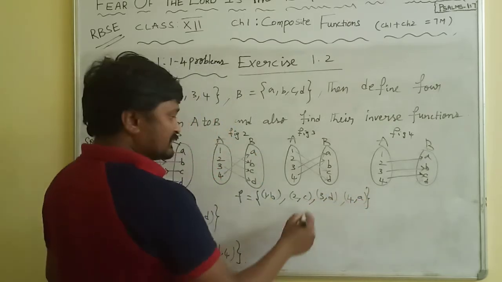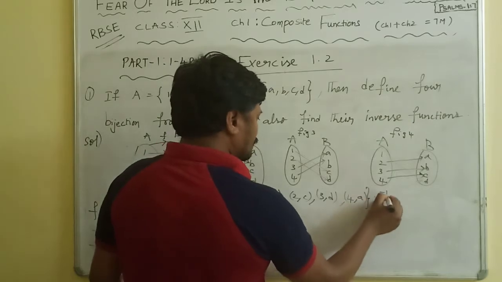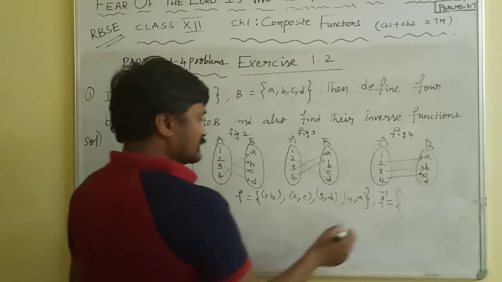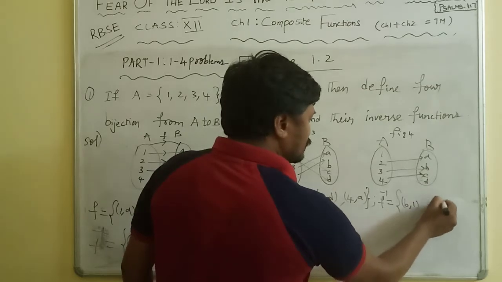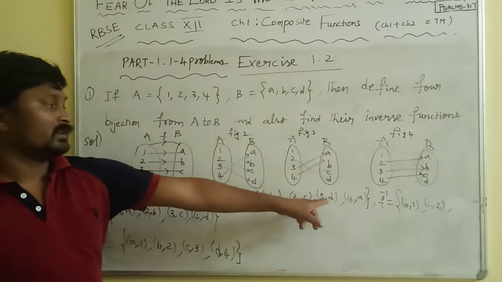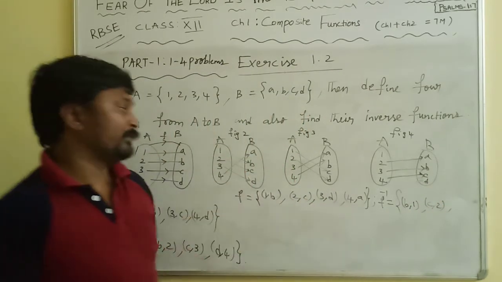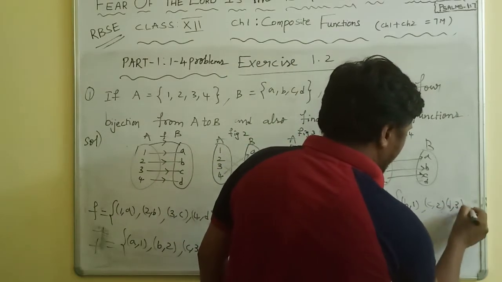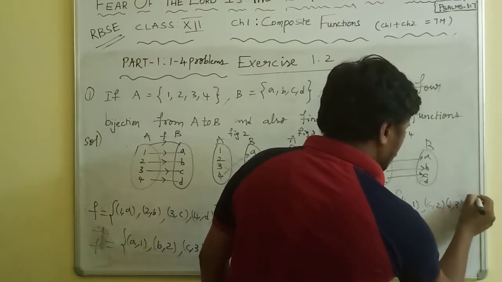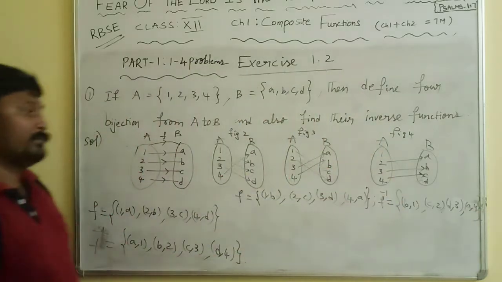What about F inverse for this? Just reverse it. So (B, 1), (C, 2), (D, 3), (A, 4). So this is about your F inverse.